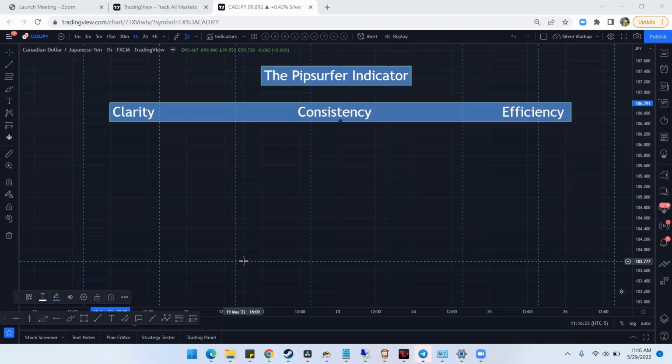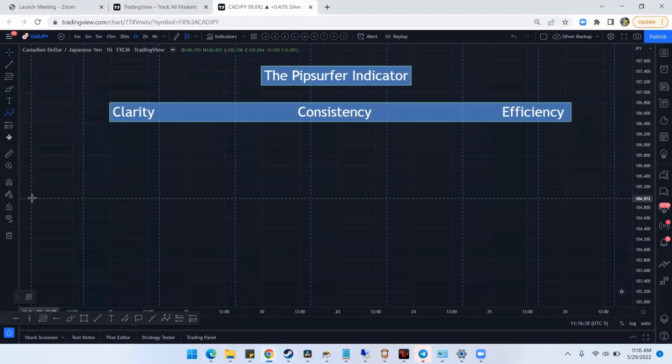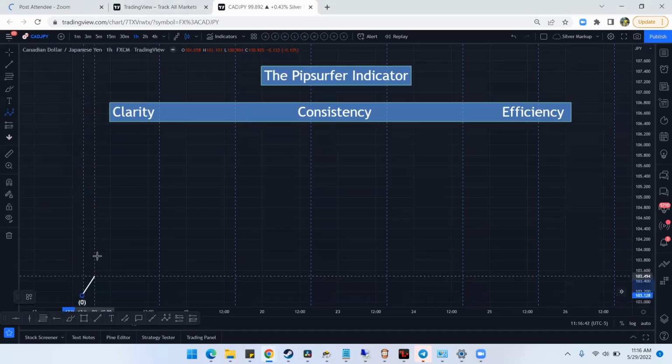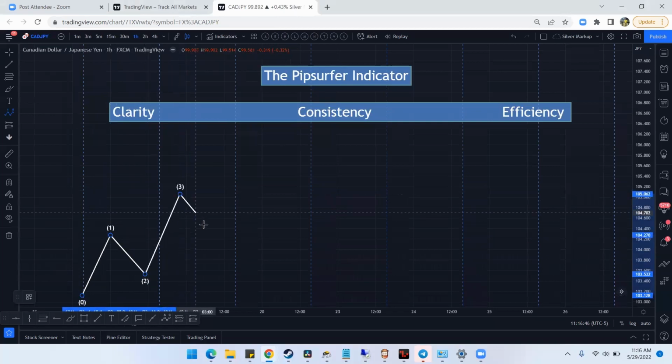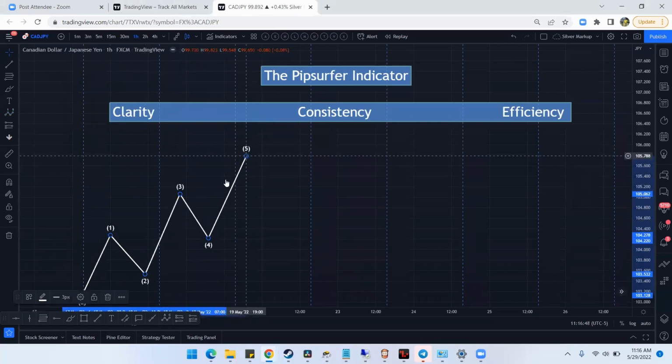But let's go over how the trading psychology of Pipsurfer works, so that way you know where these entries are coming from. One of the major components of all trading is called market structure. You have trend, of course, and everybody knows about trend, but beyond trend, there's structure. These are the points in the market where the market reacts, and it reacts in a certain pattern.